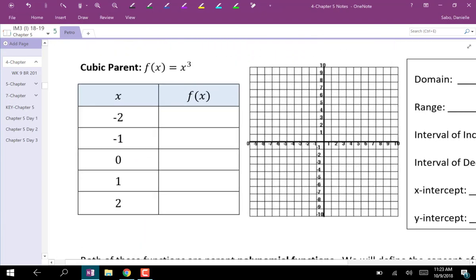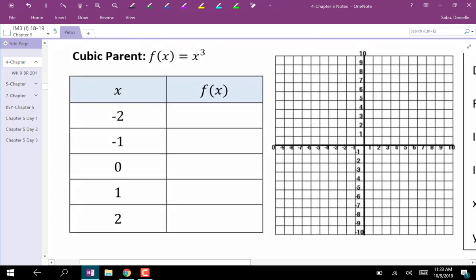All right, now let's talk about the cubic. Very similar way that we're going to do this. I always start in the middle. If I plug in 0, 0 cubed is, what's 0 times 0 times 0? 0. So (0, 0). Now let's plug in 1. 1 cubed, 1 times 1 times 1, is 1. Now careful with the negatives.